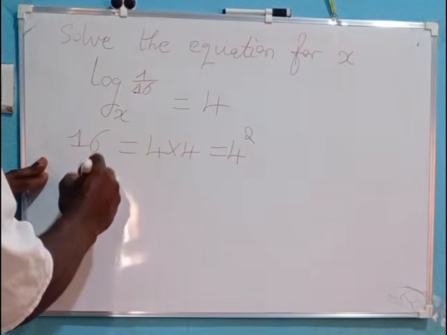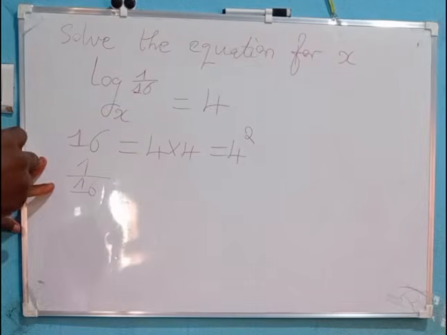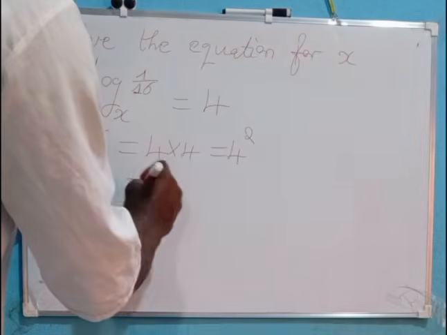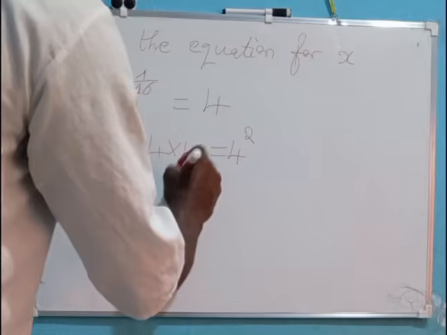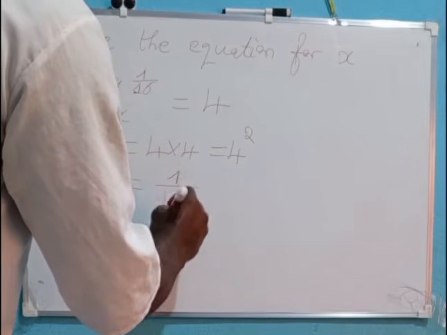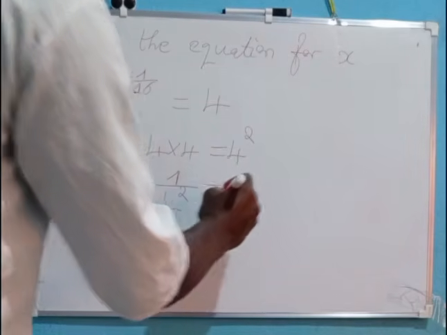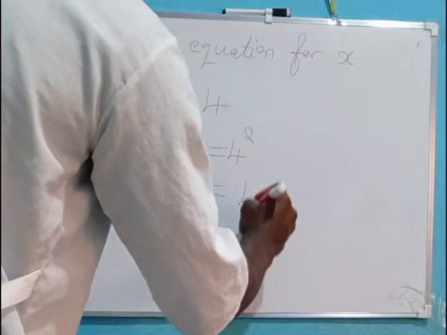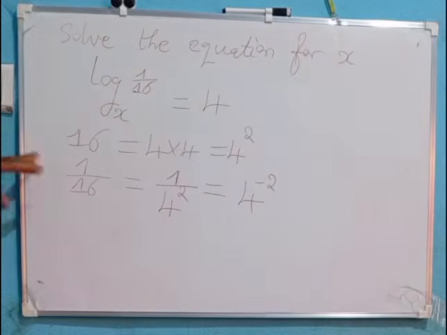1 over 16 is simply equal to 1 over 4 raised to the power 2, which gives us 4 raised to the power negative 2.